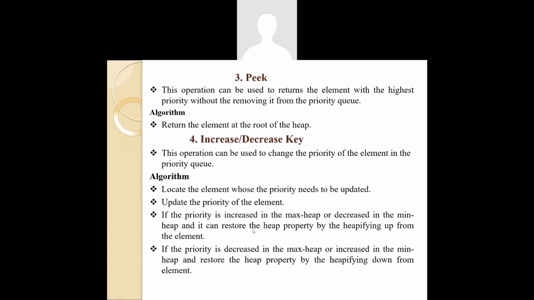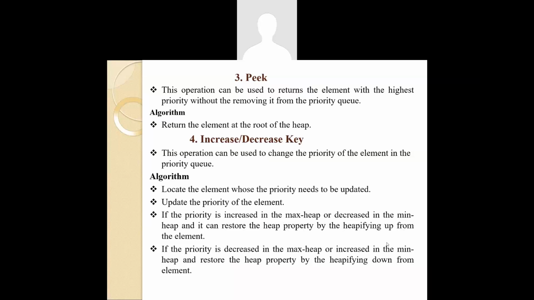It can restore the heap property by heapifying up from the element. There are two types of operation. One is when the priority is increased in the max heap or decreased in the min heap, which is called heapifying up from the element.